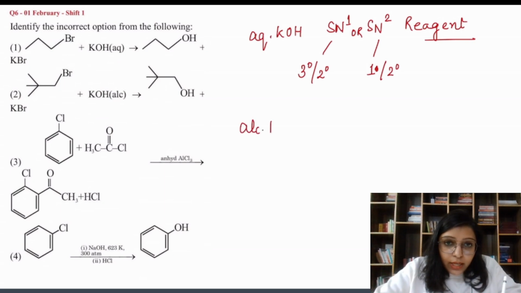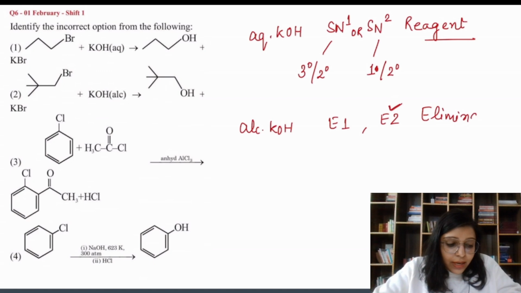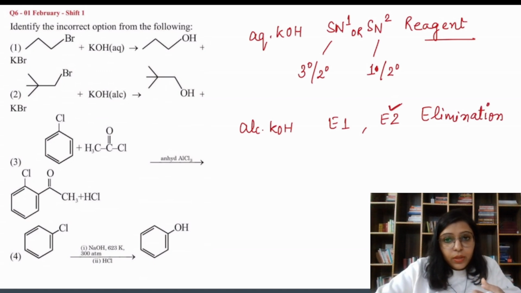If we have alcoholic KOH, then it will do elimination, either E1 or E2, but that also depends on the degree of substrate. E1 if we have 3 degree and 2 degree, and E2 if we have 1 degree and 2 degree.